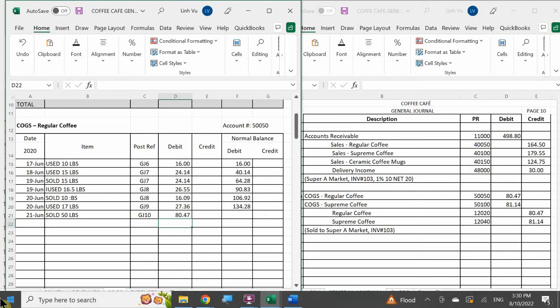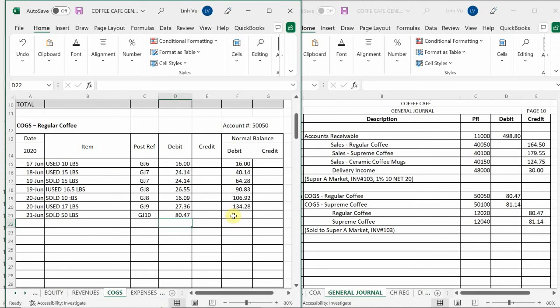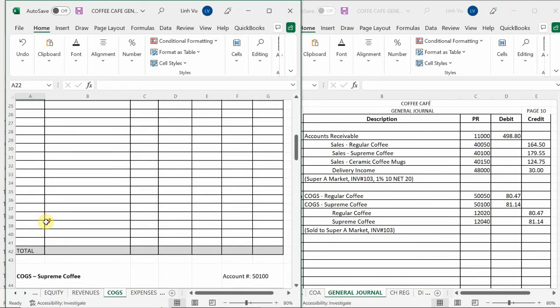So my grand total for cost of goods sold for regular coffee is $214.75. Good. We also have to do it for Supreme coffee.